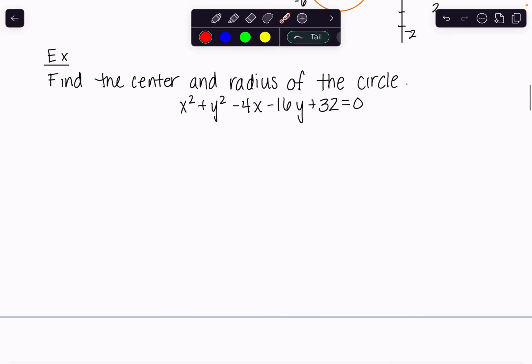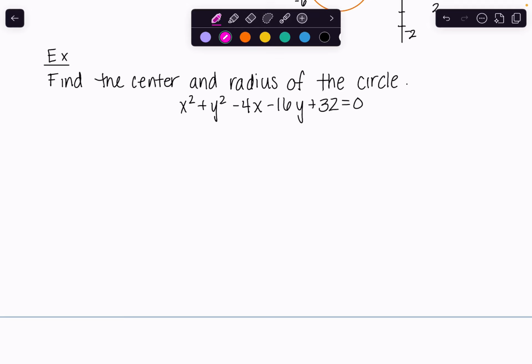For this next one, we want to find the center and the radius of the circle. So unfortunately for us, it's not put in that standard form, so we've got to rewrite it in standard form. So this is going to require that process of completing the square. So what I want to get is x minus something or plus something, y minus or plus something, and then my radius to the other side.